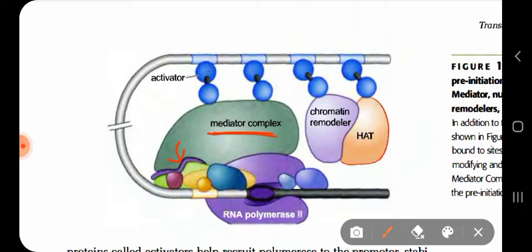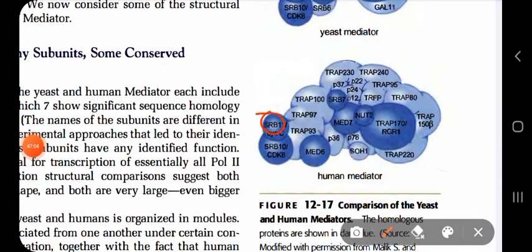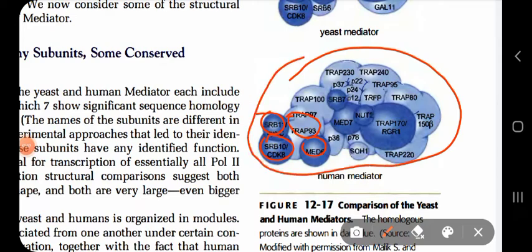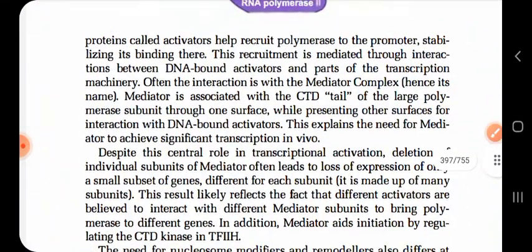Now, there are different types of activators that interact with different mediator components. Mediator is not made up of a single subunit, obviously. I have shown you that mediator is made up of multiple subunits, as you can see in this figure, and activators interact with these subunits.